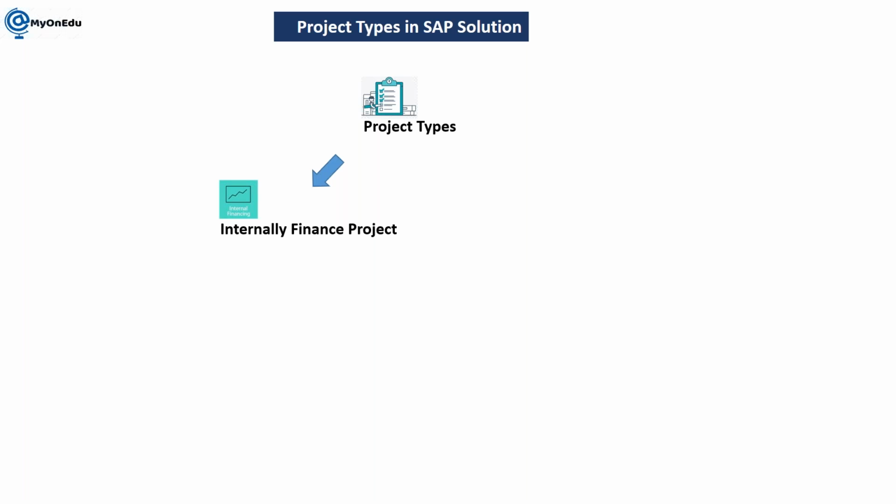That is a project where you need to finance this internally, and once it is ready, this plant will start to produce the product, which is a different type of scenario. So here it is an internally financed project.